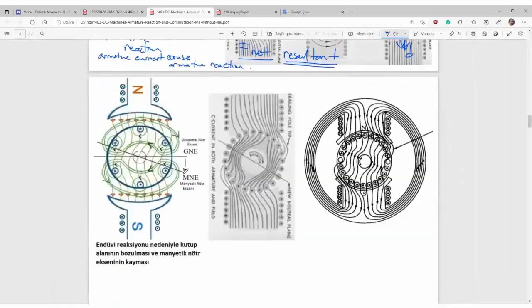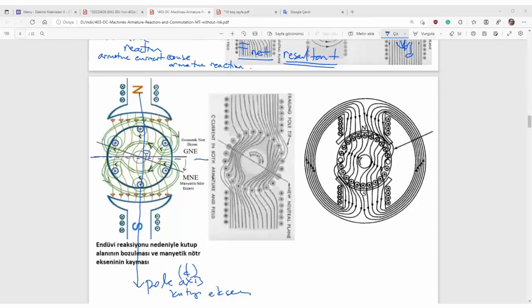But I need to define something new. In Turkish, we say pole axis, kutup ekseni. Pole axis, kutup ekseni. Or d-axis. That is the quadrature axis.